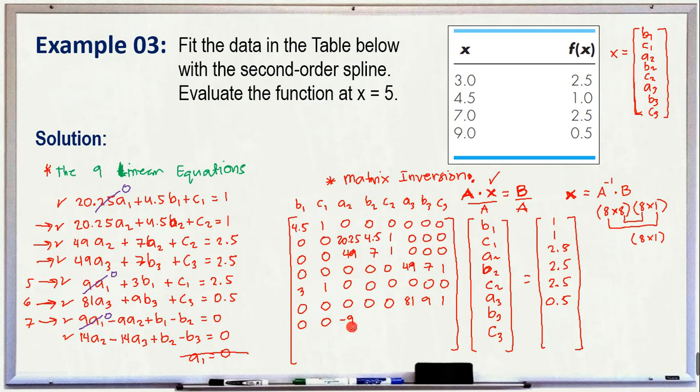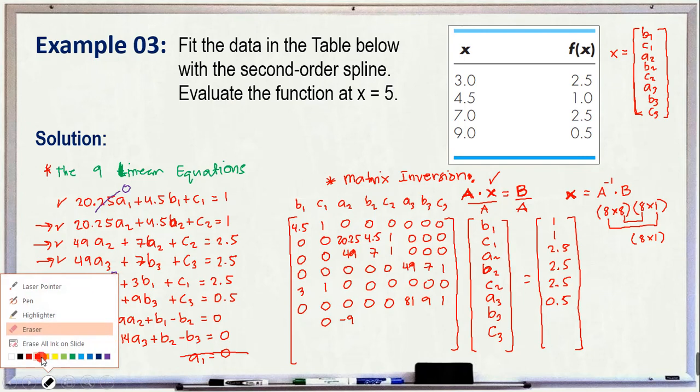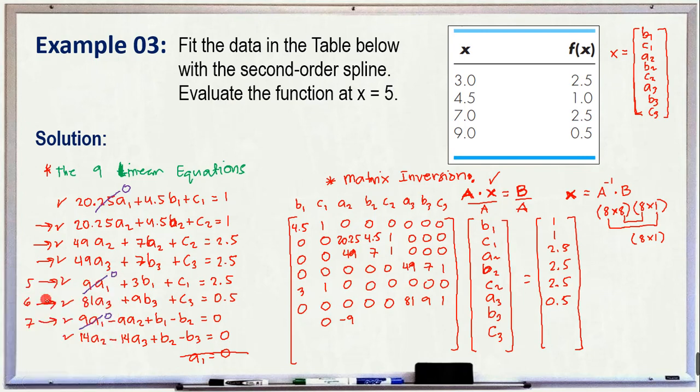We have B1, sorry, we have B1 in the next, so we erase this B1, which is 1. Okay, this is 1. Again, we have A2 of negative 9. Our B2 is negative 1. Then 0, 0, 0, 0, and the constant is also 0.